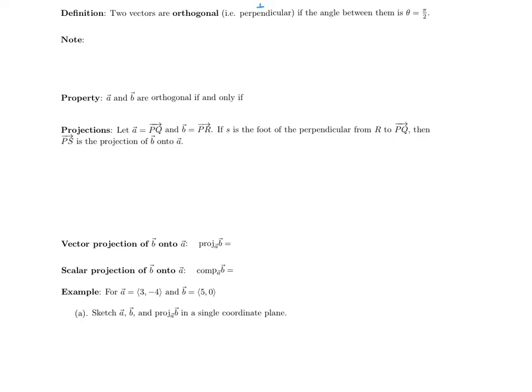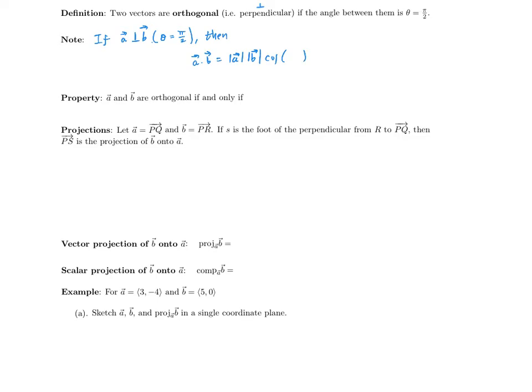So let's think about what that tells us about the dot product, going back to this old definition. If A is perpendicular to B, and remember, if we're saying A is perpendicular to B, we're thinking that the angle between them is 90 degrees, then A dotted with B will be the magnitude of A times the magnitude of B multiplied by the cosine of the angle between them.